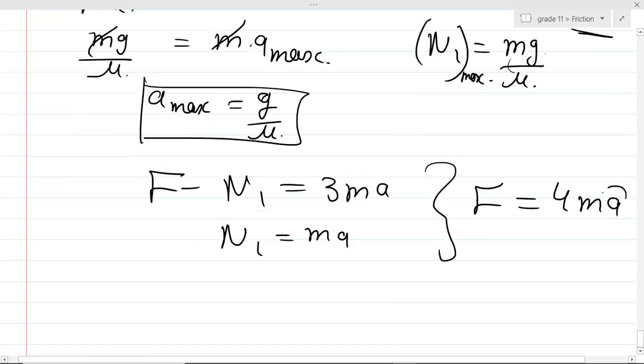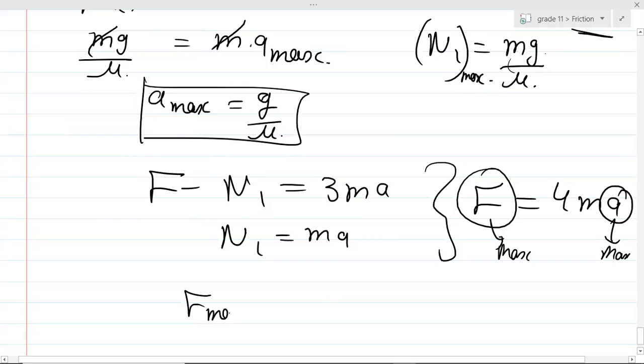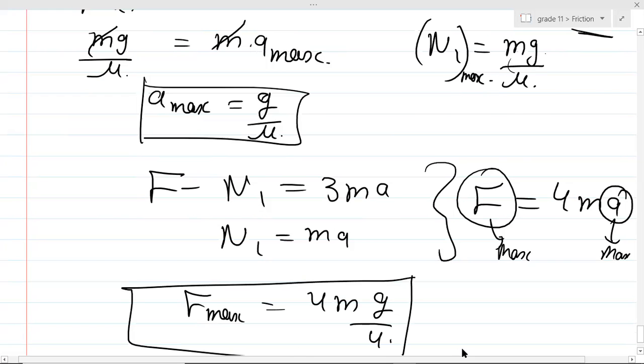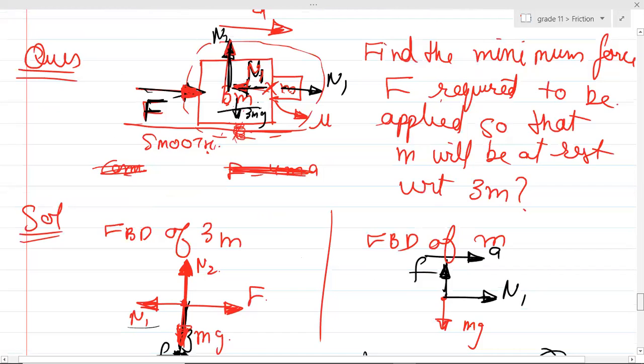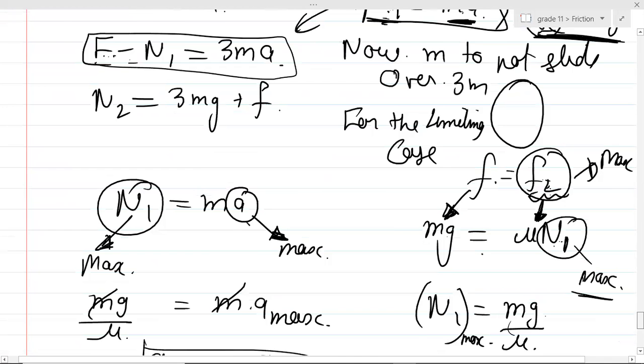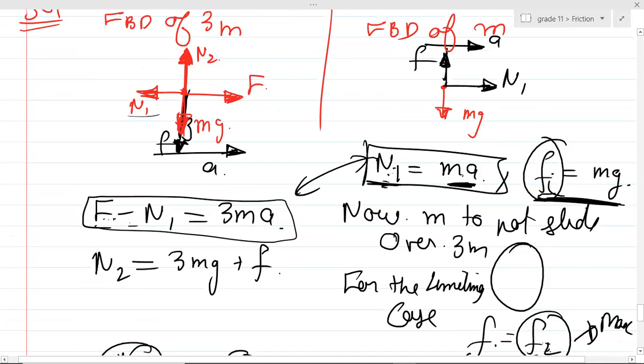So if a is maximum, then F max is equal to 4 times of ma. So the maximum force is 4mg by mu. Is it clear? Yes, sir. This was the question.